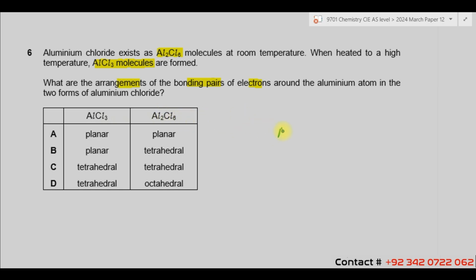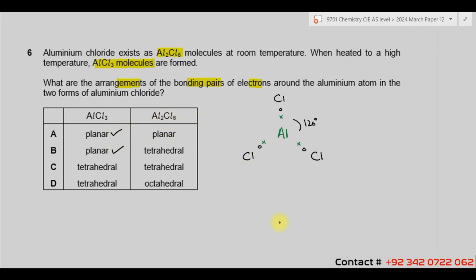Aluminum belongs to third group, so it has 3 electrons in the outermost shell. It forms 3 single covalent bonds with 3 chlorine atoms. No other electrons are present around the central atom. So these 3 are at maximum bond angle, which is 120 degrees, and all 3 are in the same plane. So this is a planar molecule.